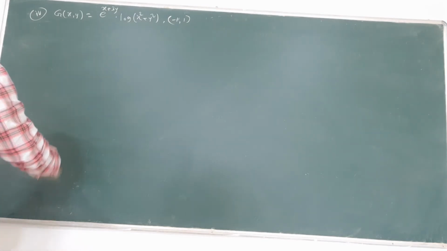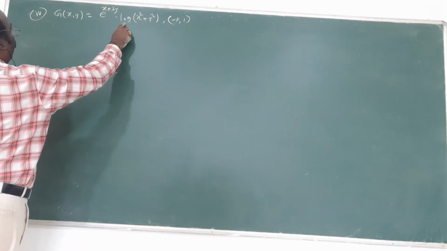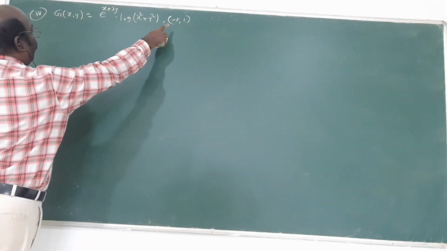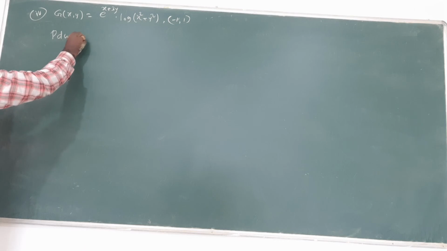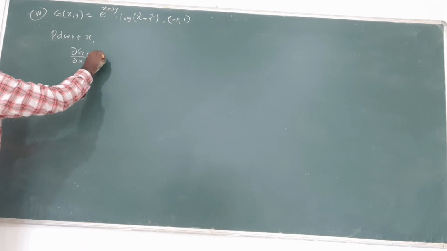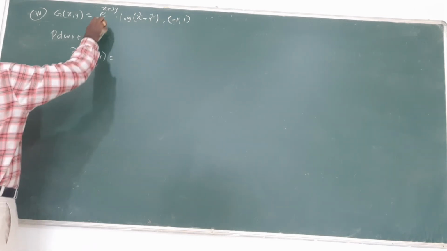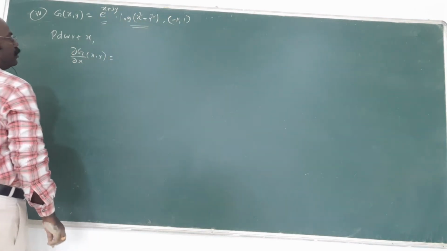Fourth question. g of x y equal to e power x plus 3y log of x square plus y square, at the point minus 1 comma 1. The first one is to partially differentiate with respect to x. What I told you, dou g by dou x of x comma y equal to, here x is involved in both terms, so by using the UV formula.